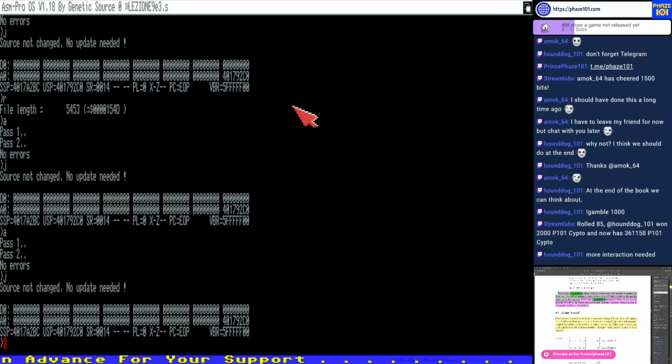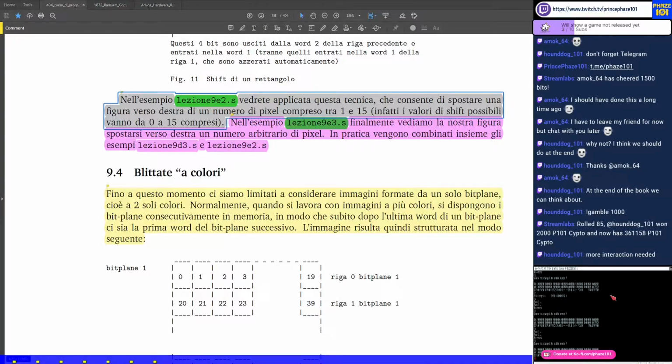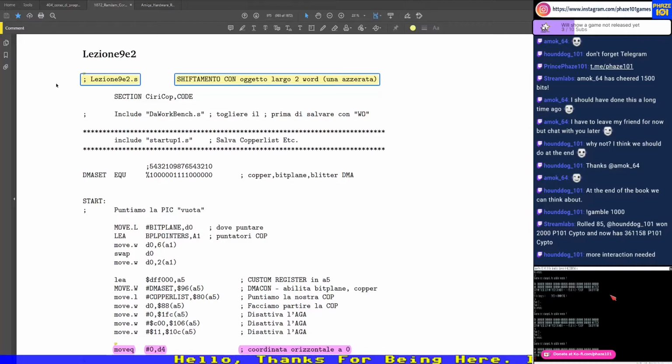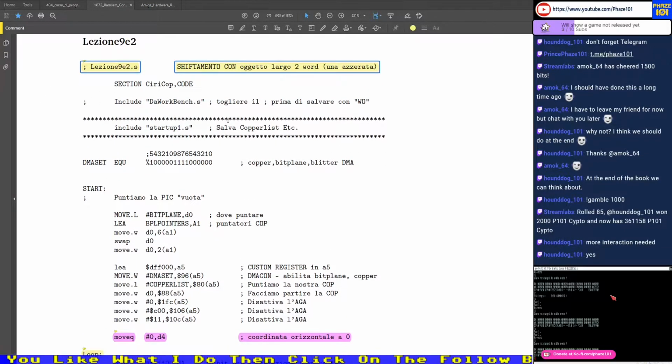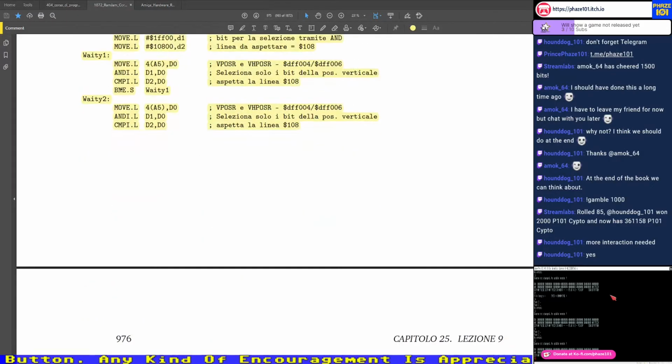Let's jump to the book and explain the code for the fish moving. The code here is E2, and we need to do E3.